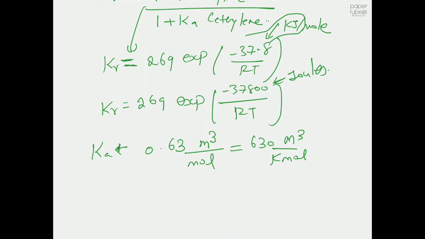So let's come back to this topic. Ka is the adsorption constant, 630 cubic meters per kilomole. And if we go to the work of, what's the author name? Wachi and Askai, I don't know how to spell them.